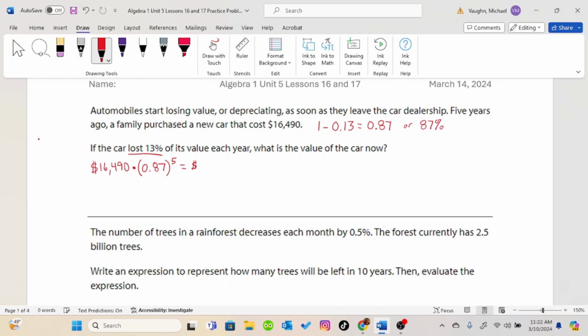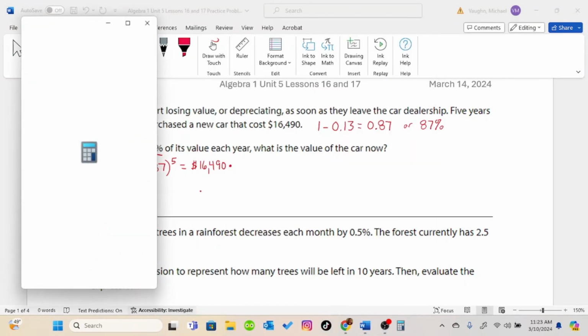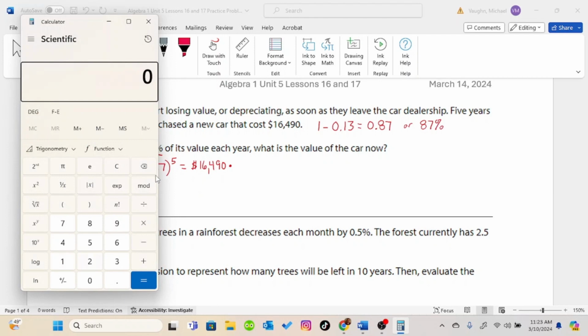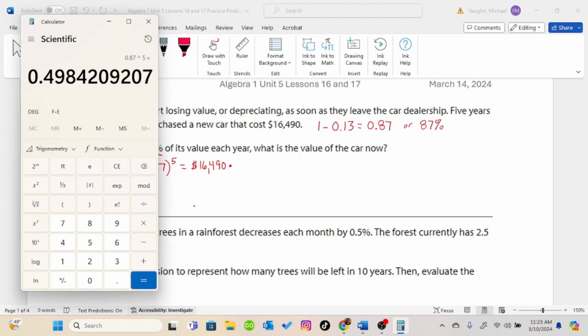Now we can put that into a calculator, and we'll do the exponent part first. So 0.87 to the power of 5 equals approximately 0.5.